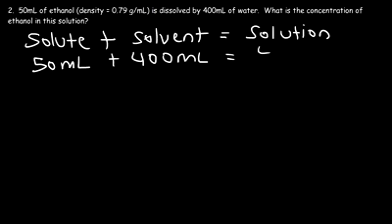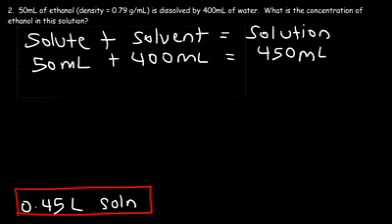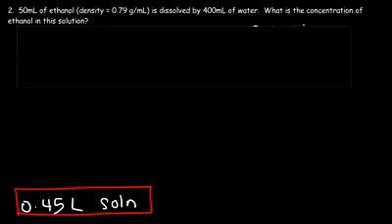So therefore, we have 450 milliliters of solution. And if you divide that by 1,000, that's 0.45 liters of solution. So we're going to use that later. So now we need to focus on finding the moles of the solute, which in this case is ethanol.